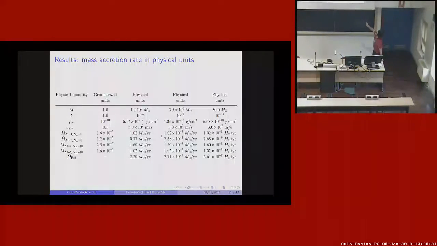And here I reported a supermassive black hole, an intermediate mass black hole, and a stellar mass black hole. And so physically, the rigid bodies will be different things for supermassive black holes and for stellar ones.